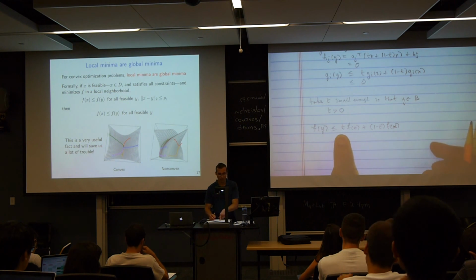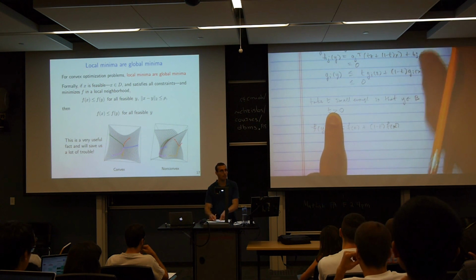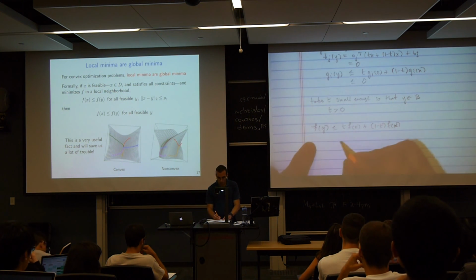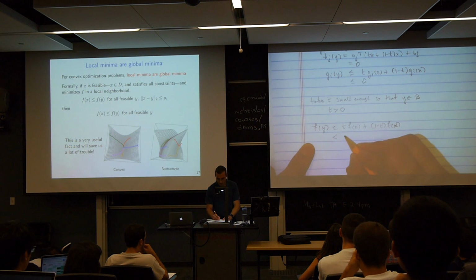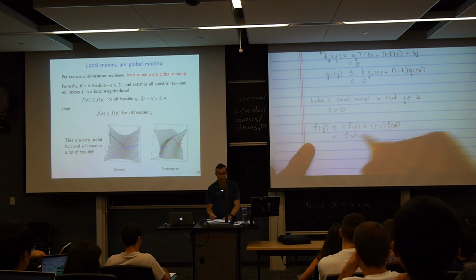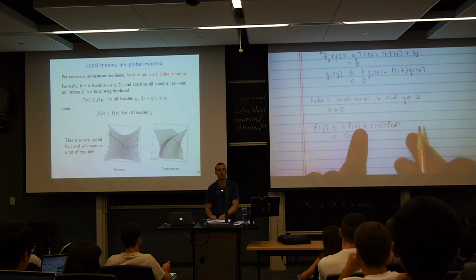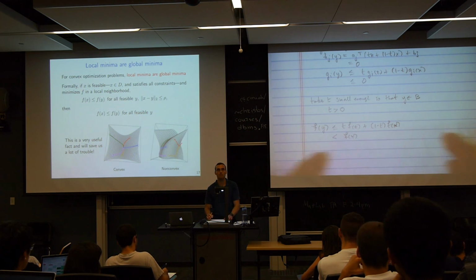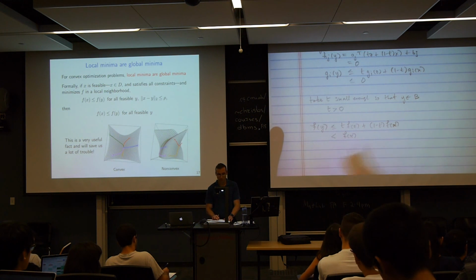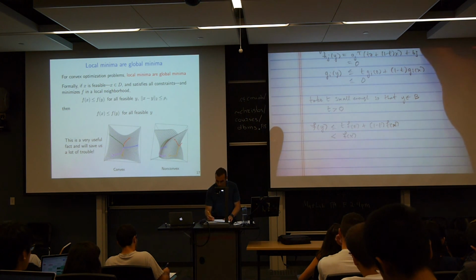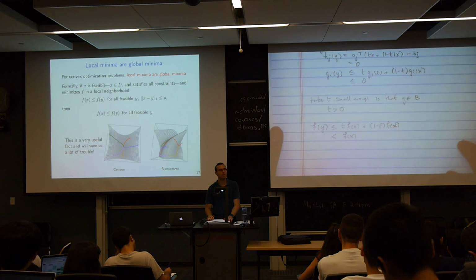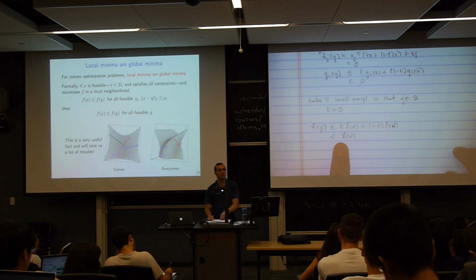T is strictly positive. We know we can take some t that's bigger than 0 to make this in the ball. So this whole thing is going to be actually strictly less than f of x, because I've taken the convex combination of two things, one that's strictly smaller than the other, with a positive weight. So this is going to be true. That means I'm going to have found some y that's in the ball, that's feasible, and that has a strictly smaller criterion value than x.